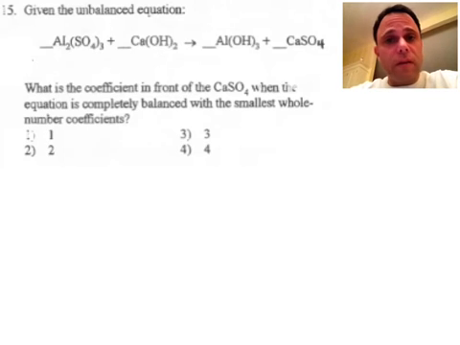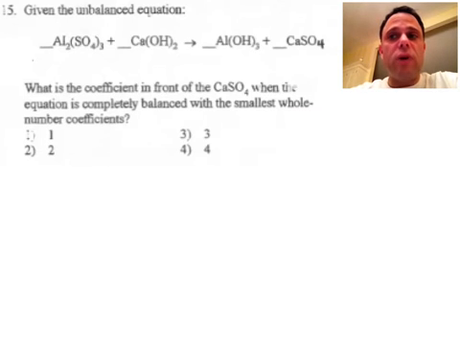Number 15. This one you must treat like a puzzle. It says, given the unbalanced equation, we have this substance here that's looking for a coefficient, combined to form this one and this one. The question reads, what is the coefficient in front of calcium sulfate when the equation is completely balanced with the smallest whole number coefficient?